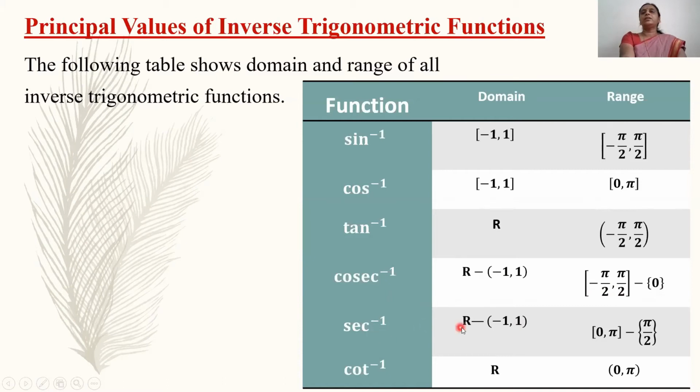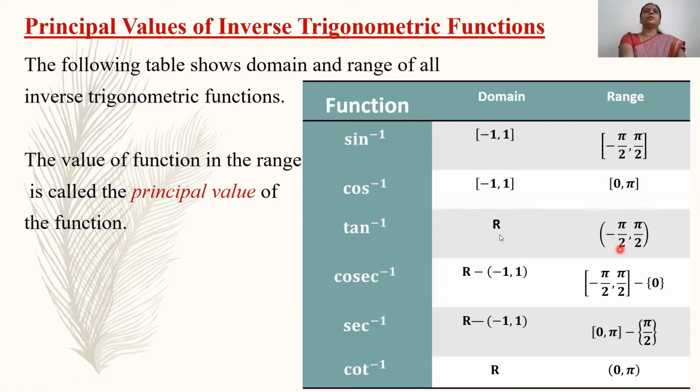For sec inverse, the domain is R minus the open interval -1 to 1 and the range is the closed interval 0 to pi minus pi by 2. And for cot inverse, the domain is R and the range is 0 to pi. In this way, remember the domain and range of inverse trigonometric functions.